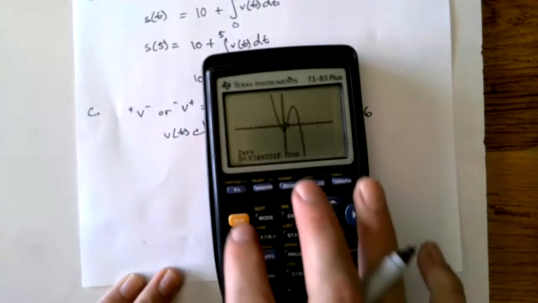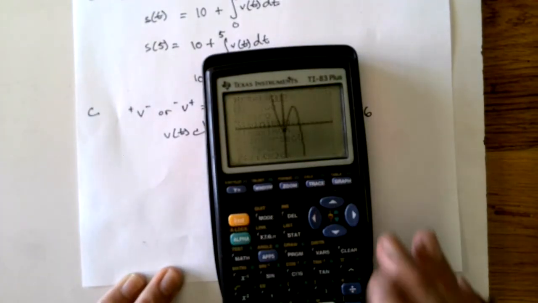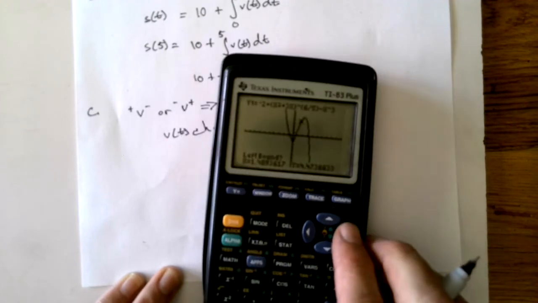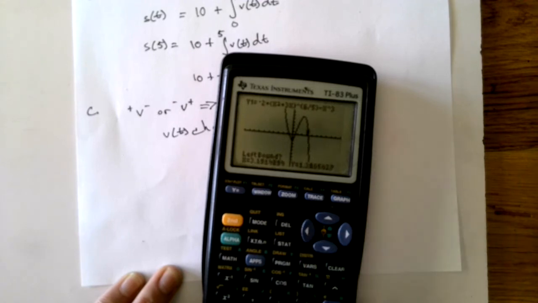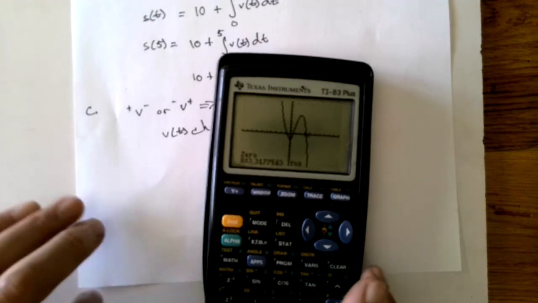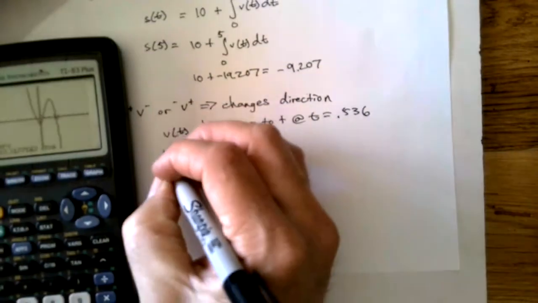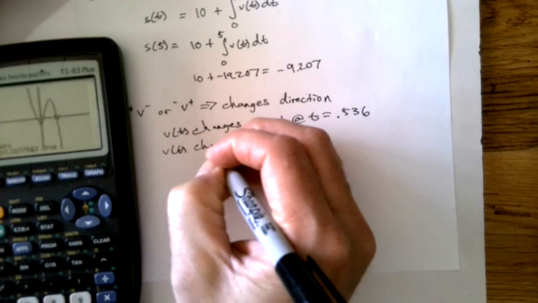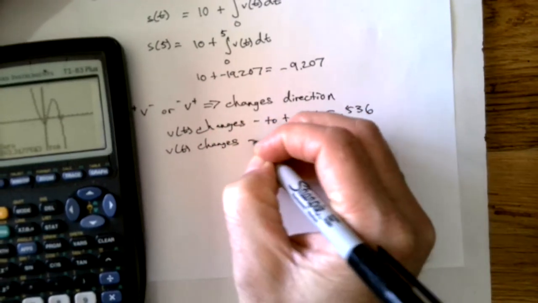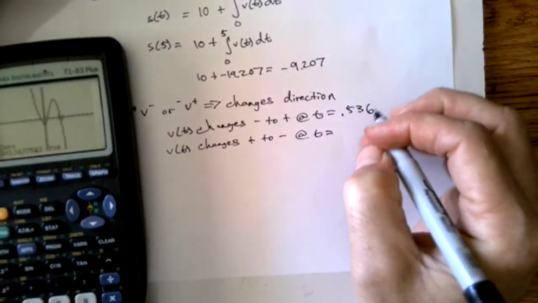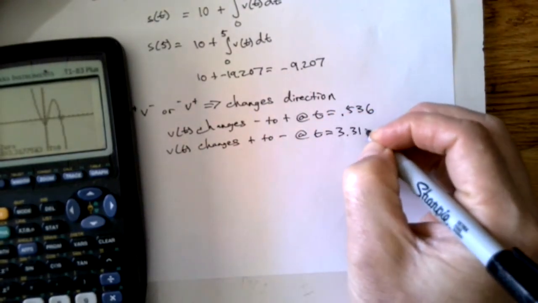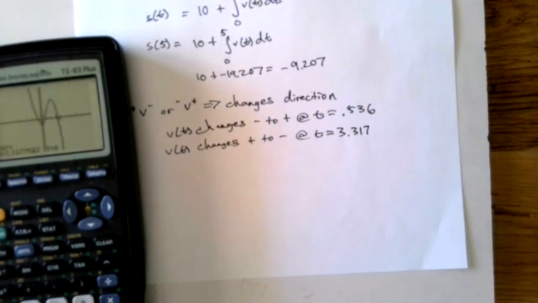And then as I check that again, number 2, the 0, I'm going to head on off to this other 0. And I'm going to go back, press enter for a left bound, enter on a right bound, enter on guess. And I get 3.317. V of t changes positive to negative at time is equal to 3.317. And it says justify your answer.